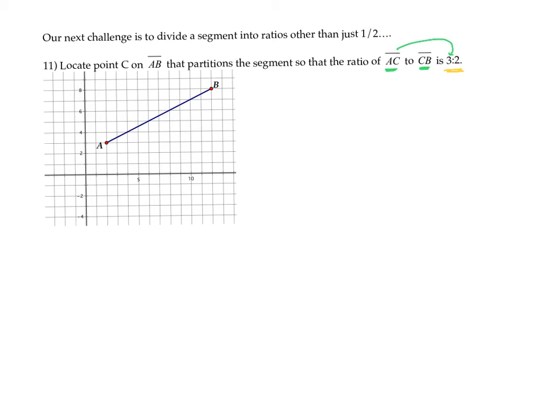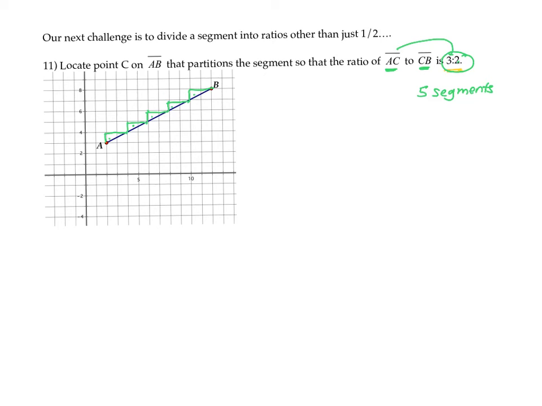Alright, so if we take a look at point A, to get into my pattern, notice that I can go up 1 and to the right 2, up 1 to the right 2, up 1 to the right 2. And if you notice, I've done that for a total of 1, 2, 3, 4, 5 times. The total of these two numbers, 3 plus 2, is 5, representing our 5 segments.